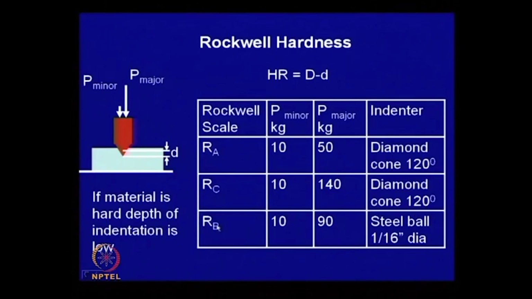Whereas, for softer material, one prefers to use Rockwell B scale, and here also the minor load is still 10 kg, but major load is 90 kg, and a steel ball indenter is used with a diameter 1/16 of an inch.